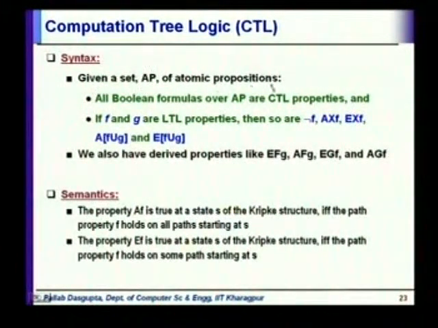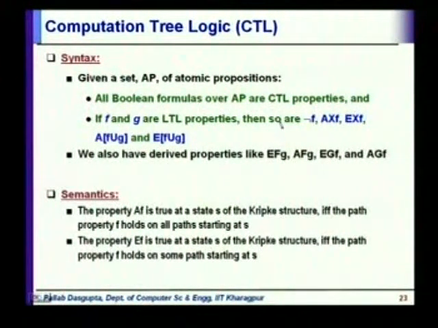Given a set AP of atomic propositions, all Boolean formulas over AP are CTL properties. So, Boolean formulas are also CTL properties, and if F and G are CTL properties, then so are not F, AXF, EXF, AF until G, EF until G.